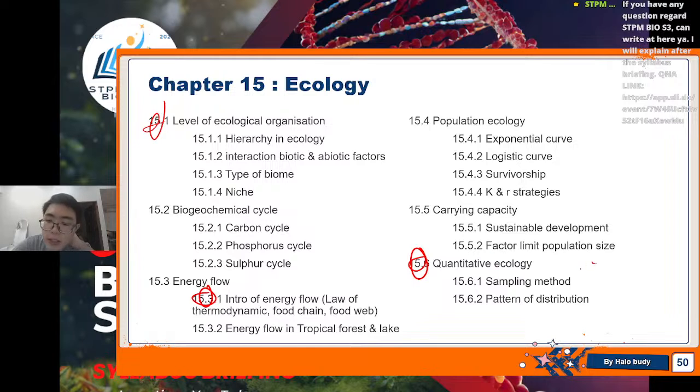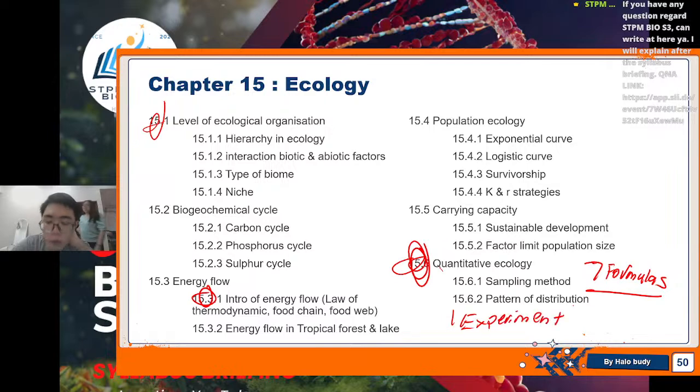So the most important is this. I can say I already gave you the tip for answering SPM Biology semester 3 because it compulsorily comes out. You have to memorize all 7 formulas, and this is also one type of experiment you have to do in your coursework.